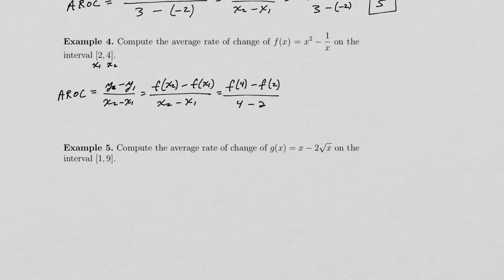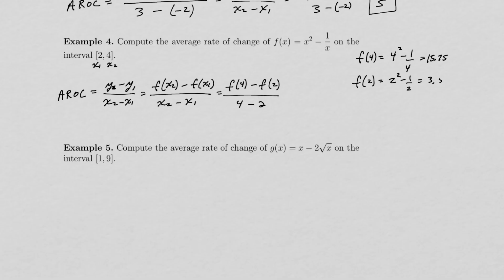All right, what is f of 4? I go to my function where I have an x, I plug in a 4. So it'll be 4 squared minus 1 over 4. If you work that out, that's 16 minus 1/4. I'll just write it as a decimal, 15.75. And then what is f of 2? I plug in a 2, so it's 2 squared minus 1/2. So that's 4 minus a half, which is 3.5.